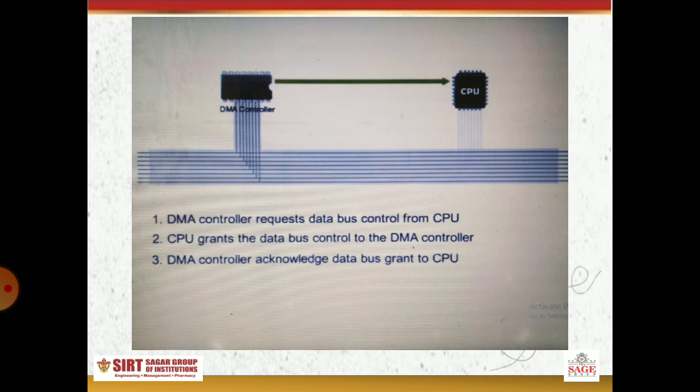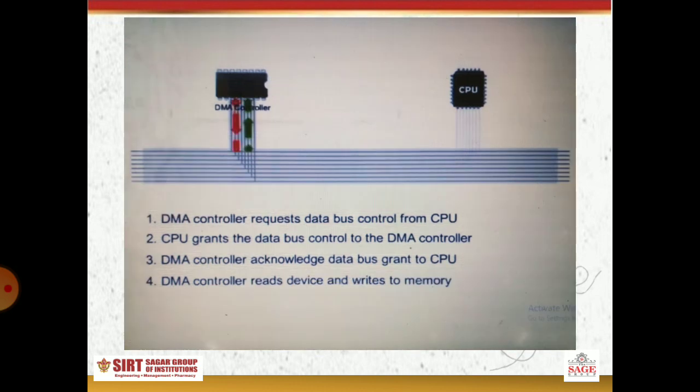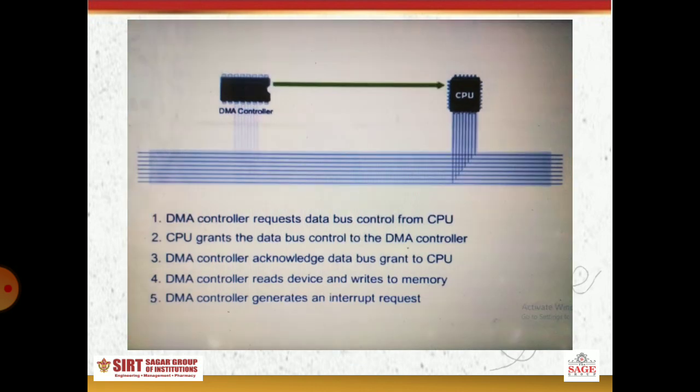To this, the DMA controller acknowledges the data bus grant to the CPU. Finally, the DMA controller reads the device and writes to memory, and at the end the DMA controller generates an interrupt request to tell the CPU.